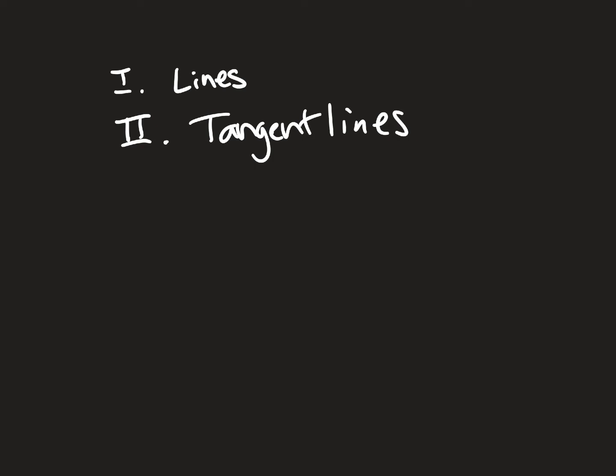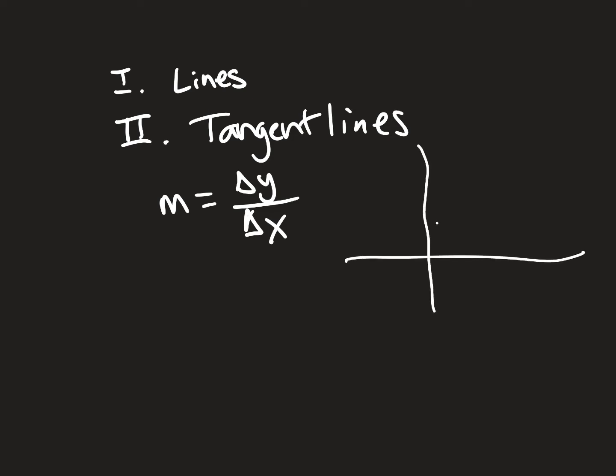The way we normally find a slope is change in y over change in x. So if we have 2 points, let's just draw a function. Say I'm interested in this particular point here. I'm interested in the rate of change of this curve.